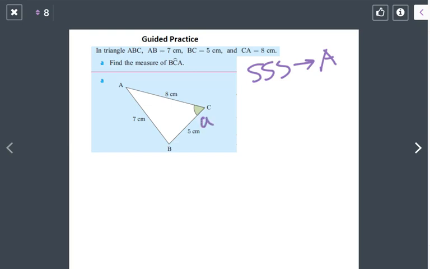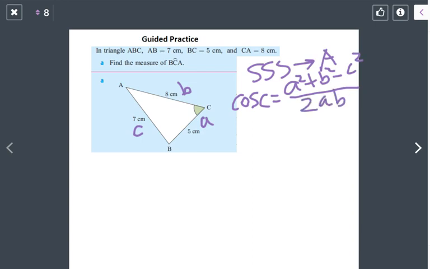Then this is b, and here's c now. So cosine C equals, the pattern is a squared plus b squared minus c squared over 2ab.